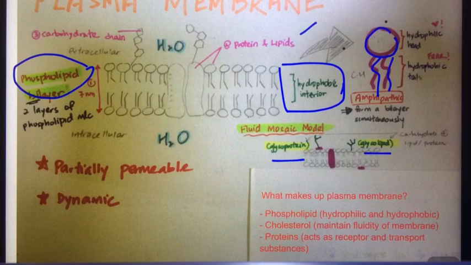At the same time, it increases the flexibility and the stability of the membrane too. As for proteins, they act as receptors and transport substances in and out of the phospholipid bilayer. Plasma membrane is partially permeable, and scientists even named it the fluid mosaic model because it is dynamic.